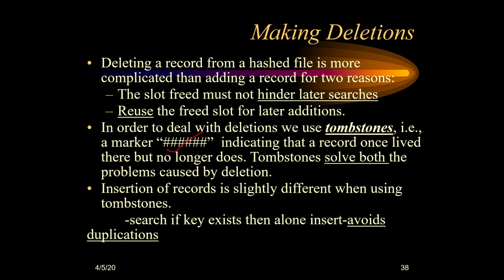Now whenever we search and come across a tombstone, it means it is a deleted record and records exist after that. So the search keeps moving till the end of the file, and if the key exists, it is found. If it does not exist, once we reach the end of the file, we return not found. This avoids two problems: it does not hinder the search, it allows us to continue, and it also allows us to reuse the freed space.